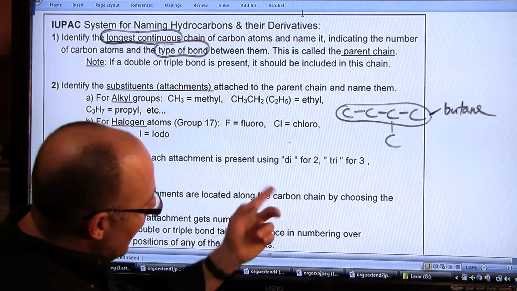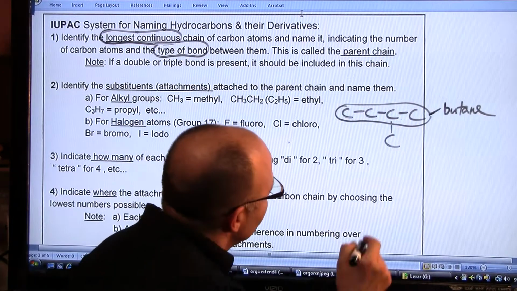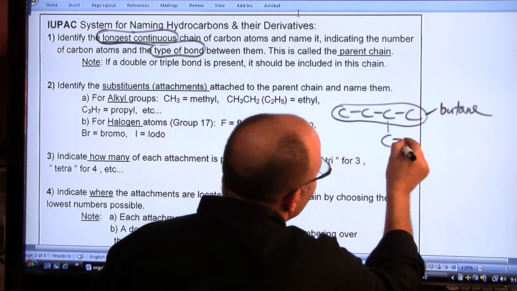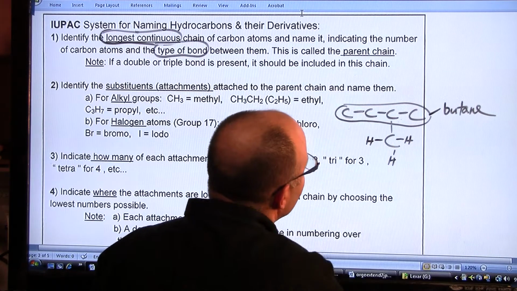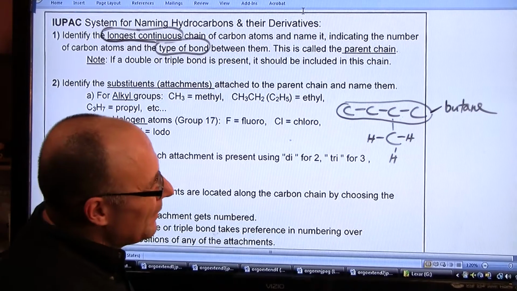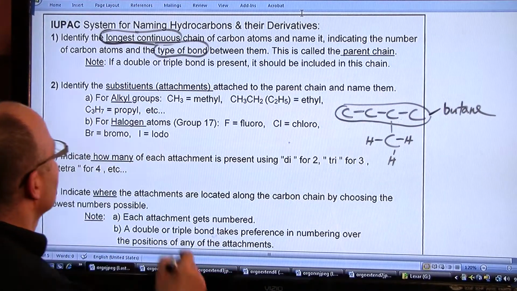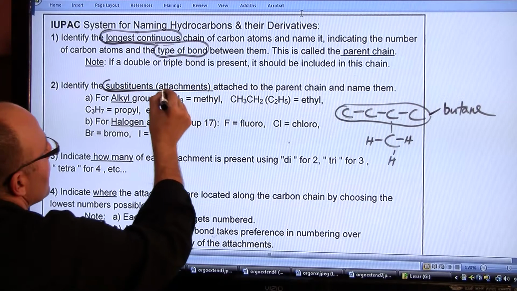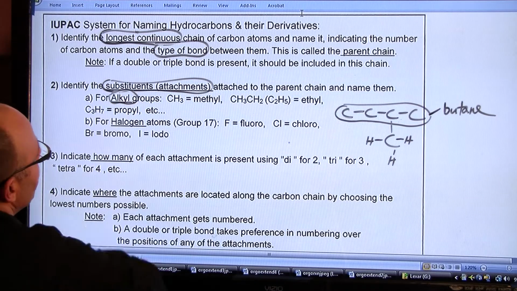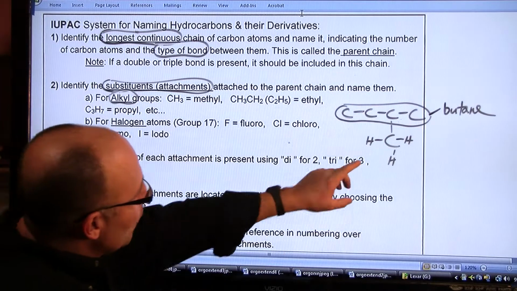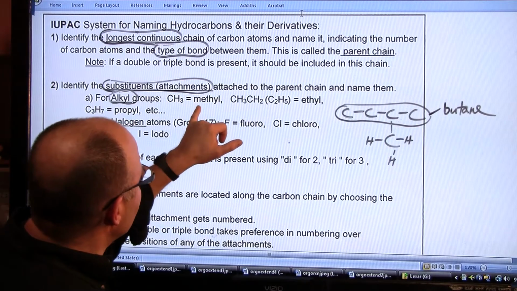Now we have attached to this parent chain a carbon with 3 hydrogens, which is called not a methane but a methyl group. The most common attachments are alkyl groups which end in YL. Since this is a 1-carbon attachment, we call it a methyl group.